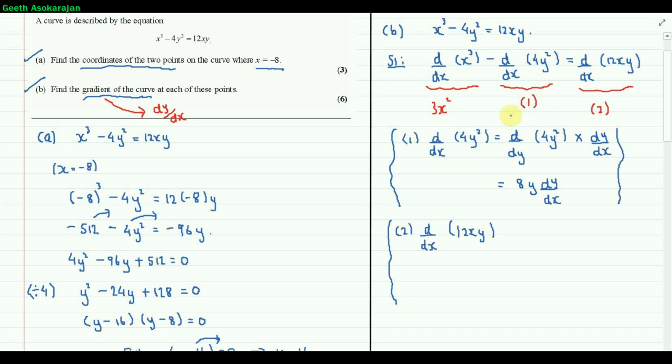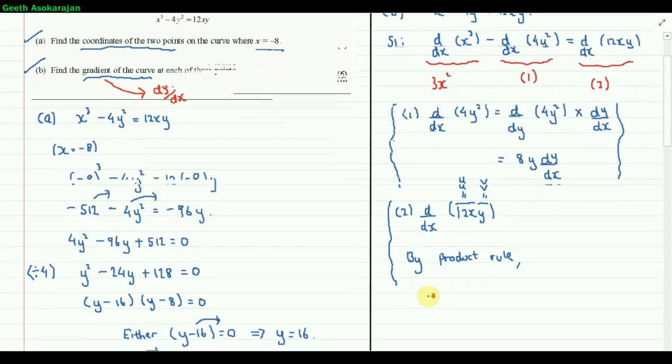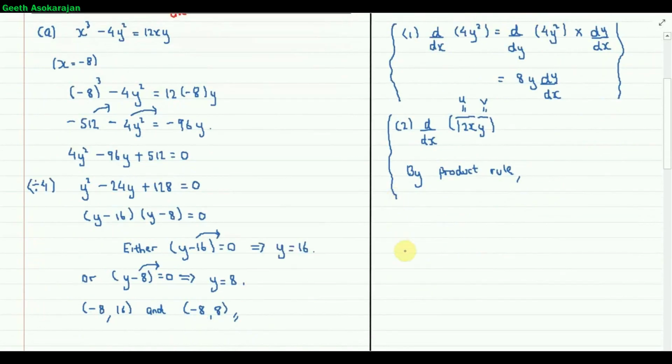So if I still use the blue pen, with the product rule, I'm going to take my u to be 12x, and I'm going to take my v to be y. So let me write down the product rule here. By product rule, remember the product rule, so let me elongate this curly bracket.